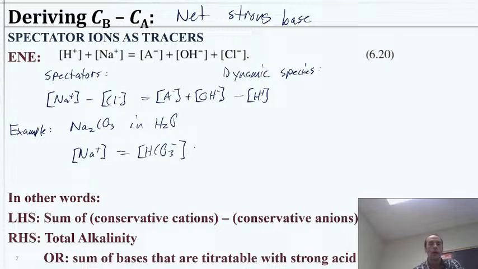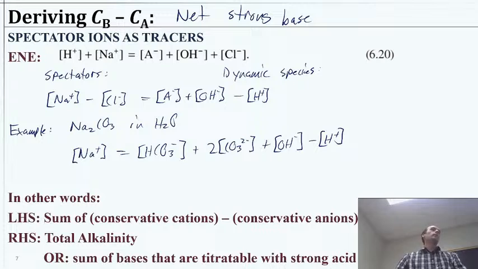We will also have, and since we're doing this from a charge balance perspective, we need 2 times the CO3 2 minus. Of course, we're going to have OH minus. And we will have the H plus. So that would become our equation for alkalinity.